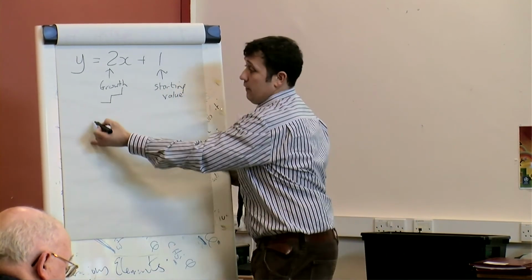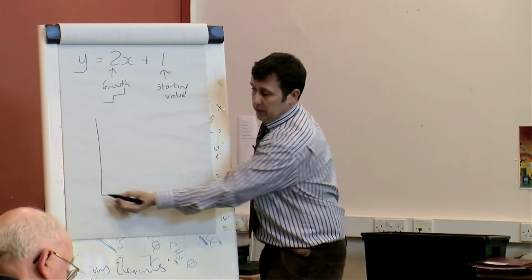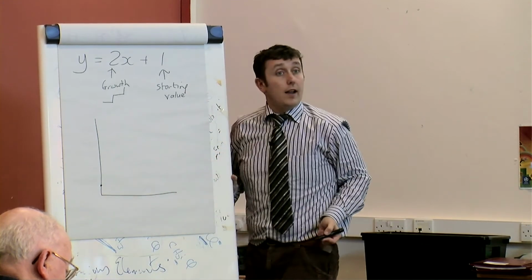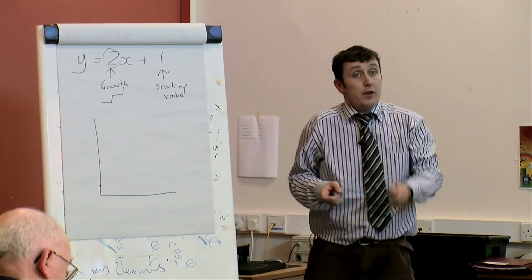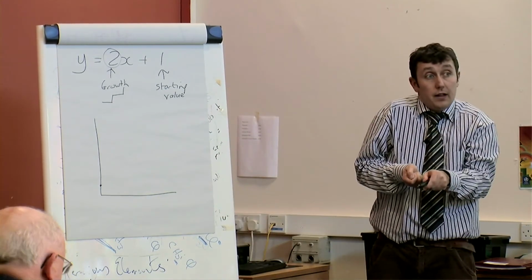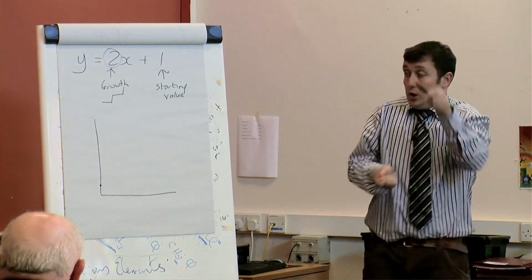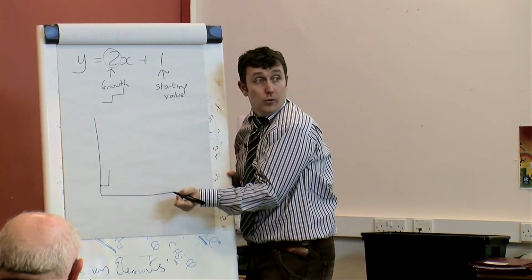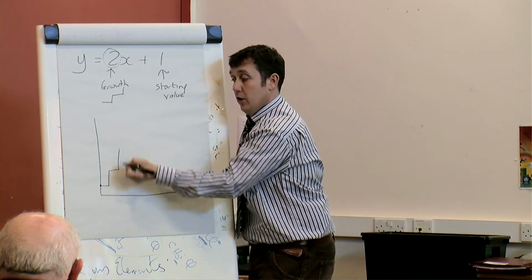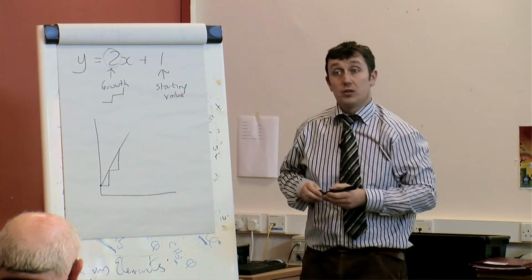So basically, a very rough one of this is trying to do what with them? Mark off a 1, and then what are you saying to them? What does this 2 tell them? For every increase of 1, the graph grows by 2. So over 1, up 2. Over 1 and up 2. And then up goes their line.